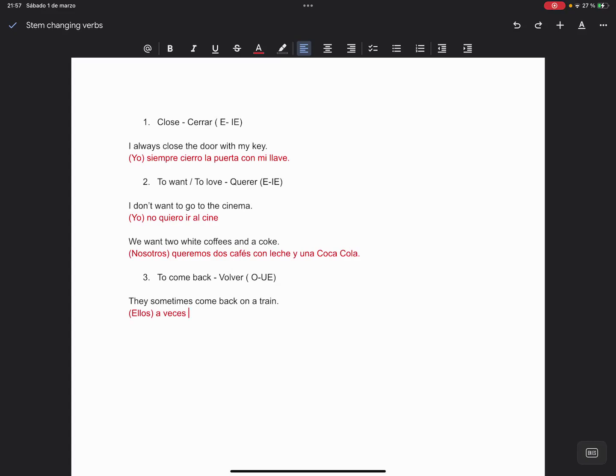And now the important part, to come back, volver, stem changing verb. The O becomes UE. So vuelven and they sometimes come back on a train. Or maybe you would say by train in English. Sometimes they come back by train. Same thing. Ellos a veces vuelven en tren. That's what we would say in Spanish.